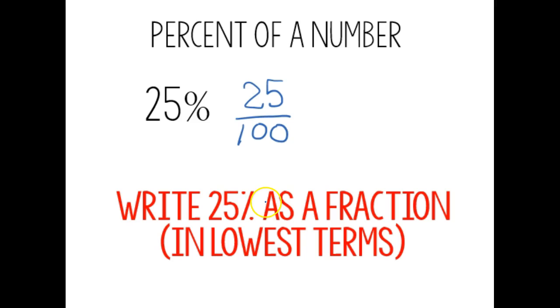My fraction here is 25 over 100, but to put that in lowest terms, I need to divide by my greatest common factor, which in this case is 25. That will give you 1/4. So 25% as a fraction is 1/4.